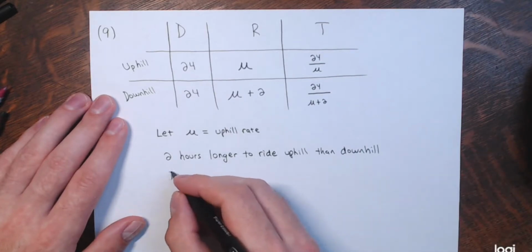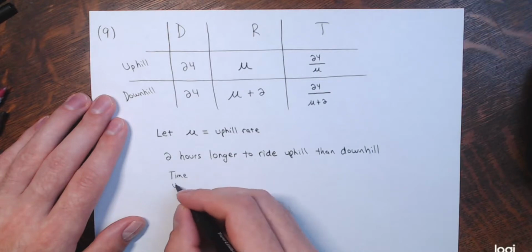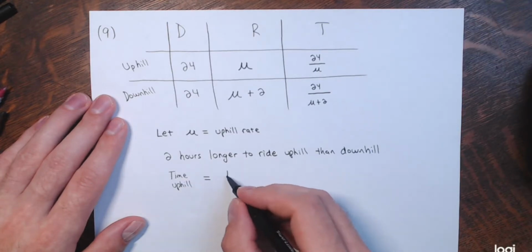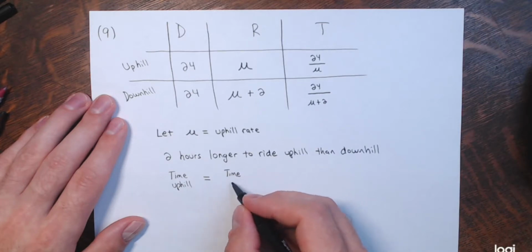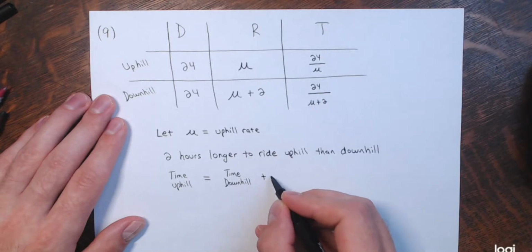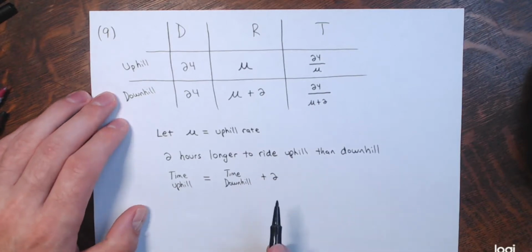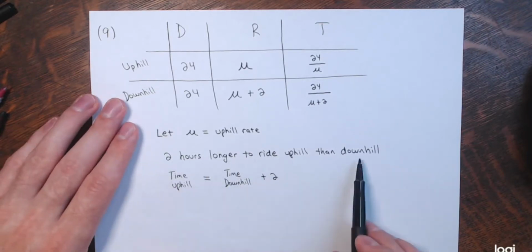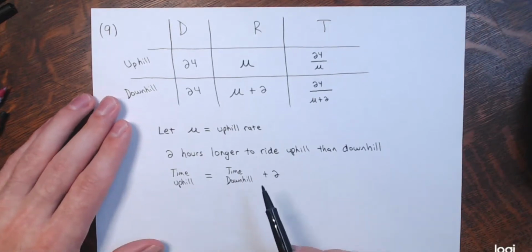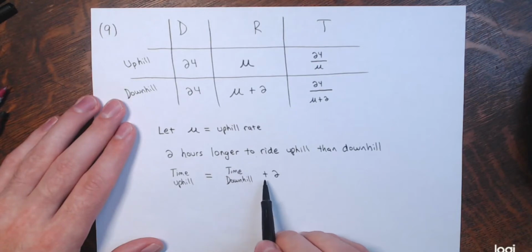So time uphill, let me write this in more words here. The time uphill will be equal to the time downhill plus 2. Right? Because again, the downhill should take less time. So you take the downhill time, add 2 hours to that, and that's how long it took to go uphill.